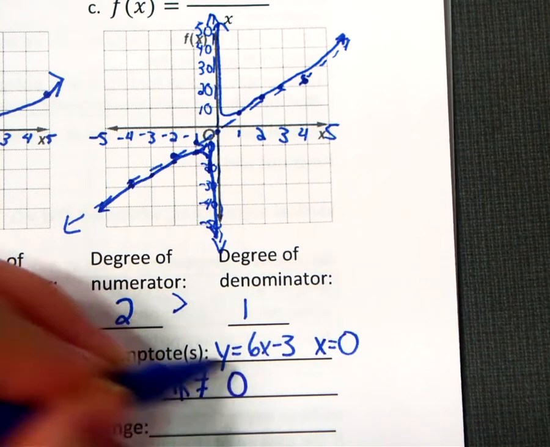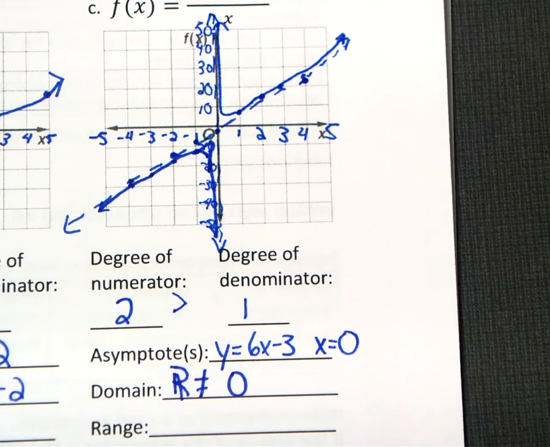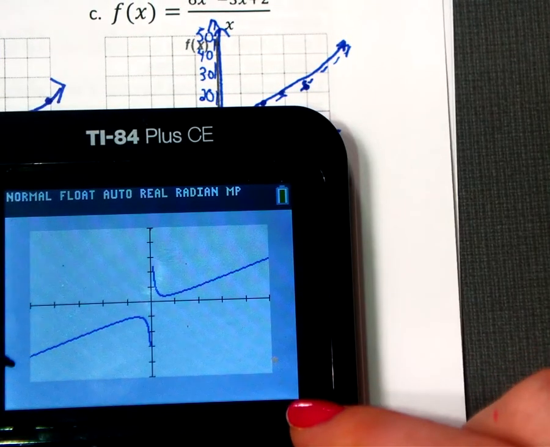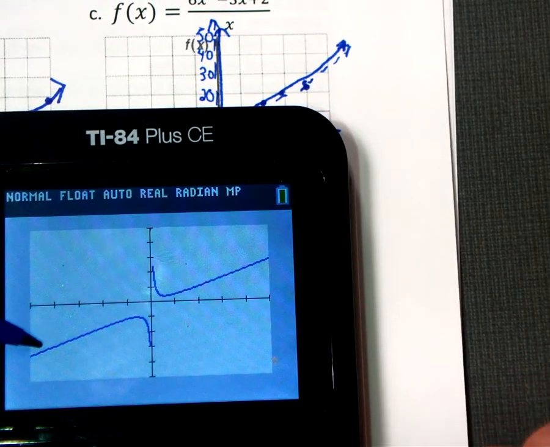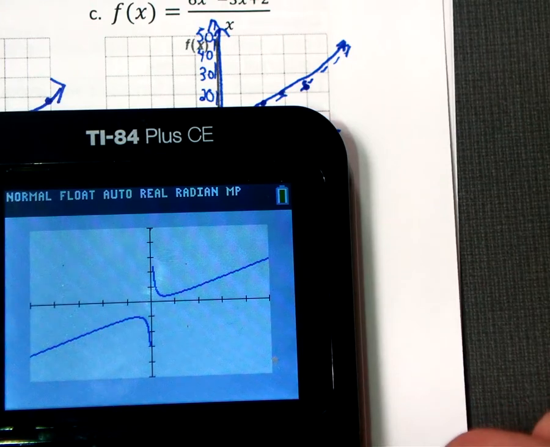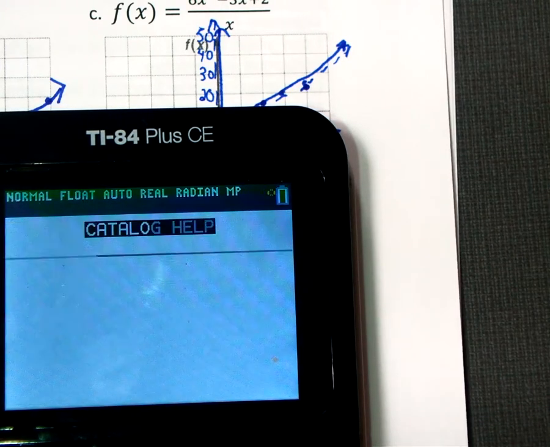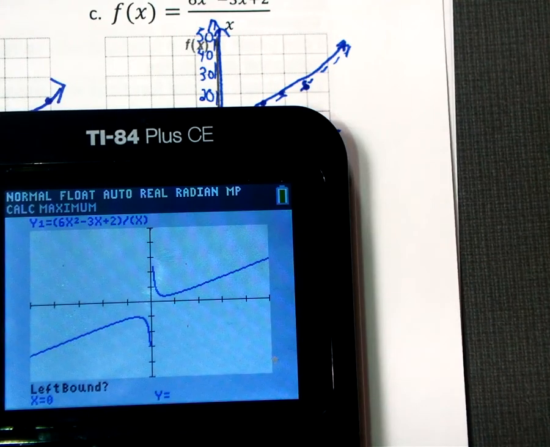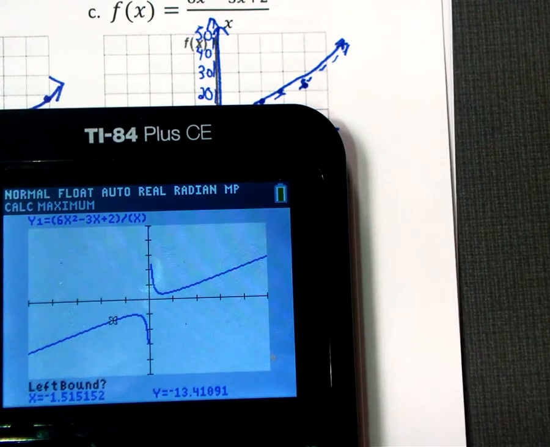Now our range, it goes down forever thanks to this branch, but it goes up to this unknown point. So we need to find that unknown point by calculating our maximum. So left side of the maximum, right side of the maximum.